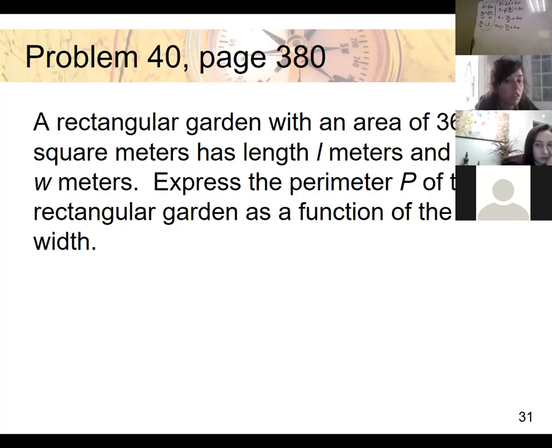All right. Any questions about problem number 40? Why did it have to be the L that you solved for instead of the W? Yeah, because this whole thing for the perimeter has to be as a function with nothing but W. So I need to solve for L. Oh, got it.